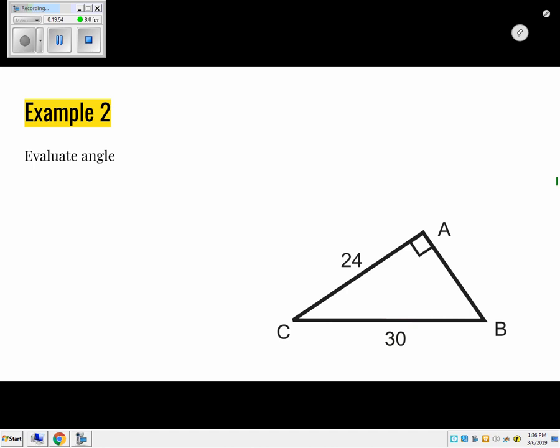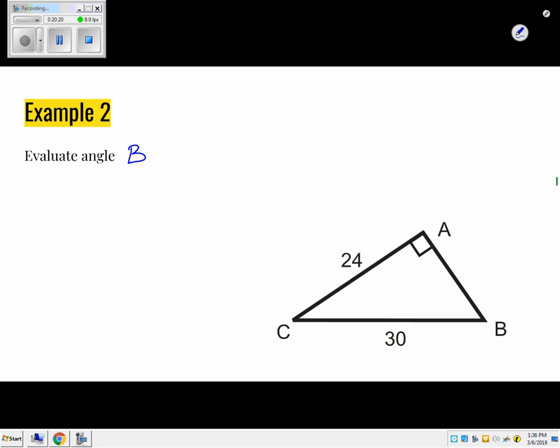Do you want to do B or C? B? We did this back in the very beginning.